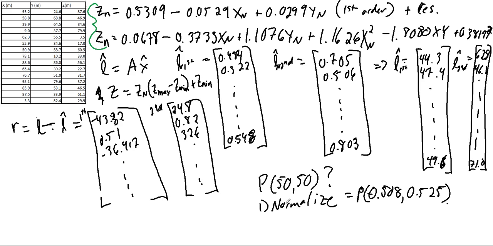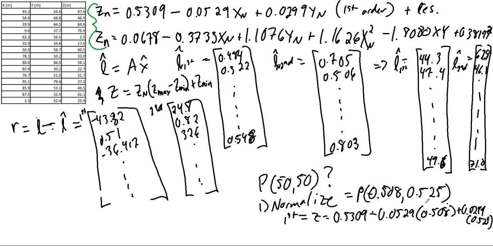So my p-value, if I insert everything into here, at first order, my Z value is equal to 0.5309 minus 0.0529, put that into the X, which is 0.508, and then plus 0.0299 and multiply that by the Y.